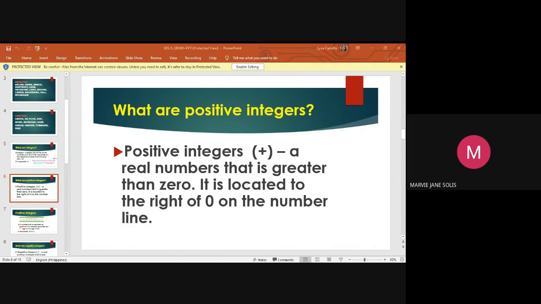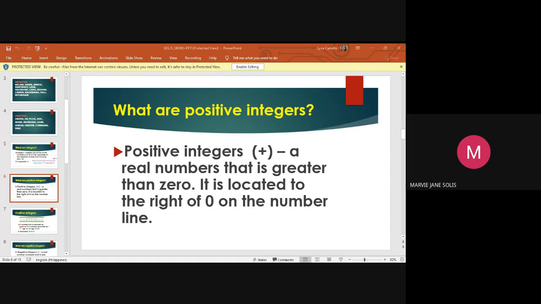This arrow here, having an infinite line, represents a number line, and 0 here is the origin.